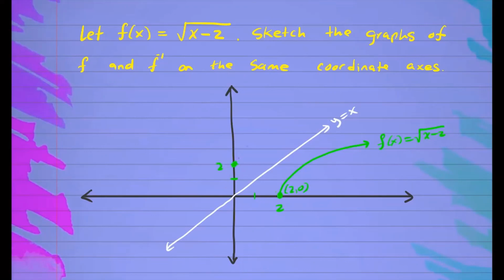So you can see that this gets reflected over and the coordinates are now switched. Instead of 2, 0, now it's 0, 2. And the shape of the curve will also reflect over the line y equals x, and it will look something like this. So that will be the graph of f inverse of x.